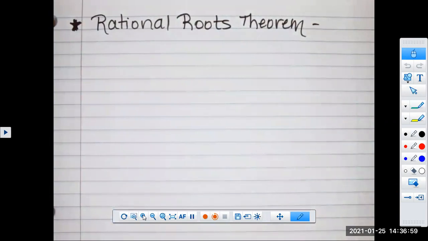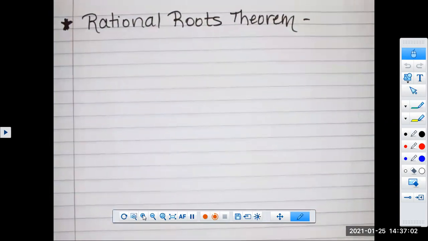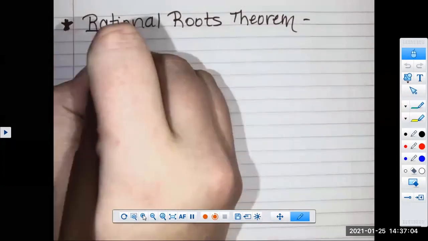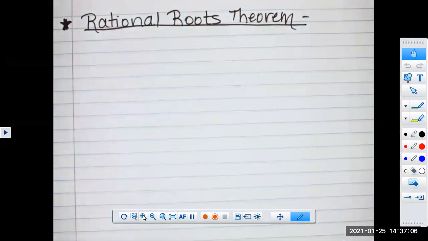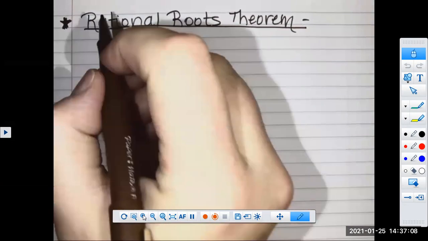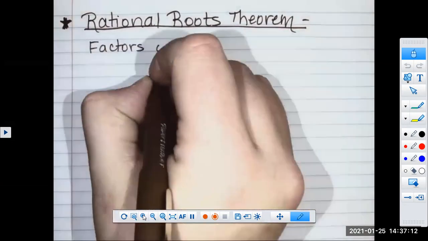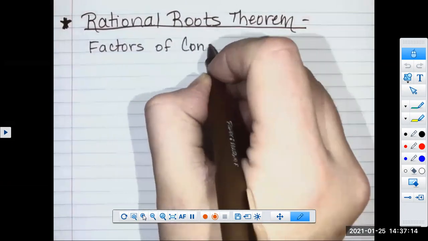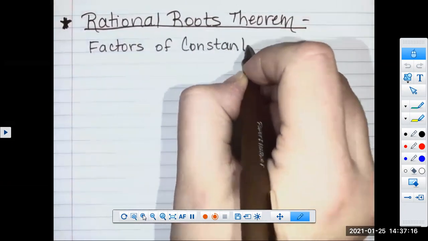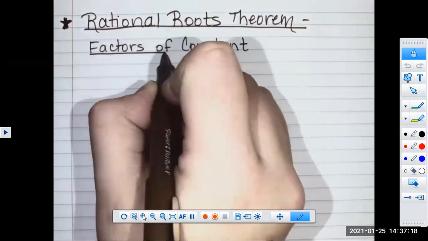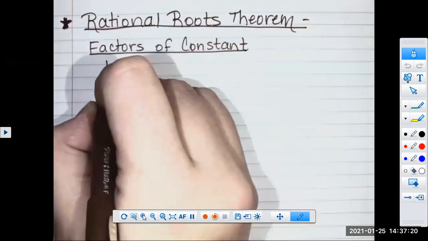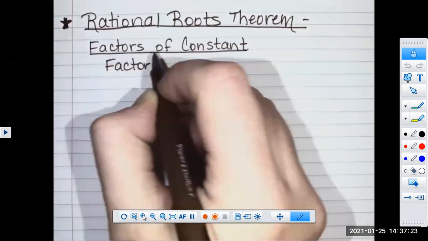All right, so rational roots theorem says that you can take the factors of your constant term and put them all over the factors of your leading coefficient.